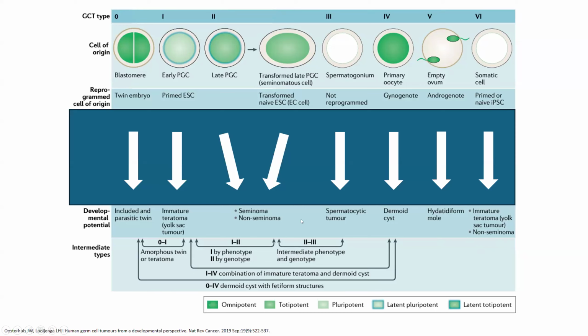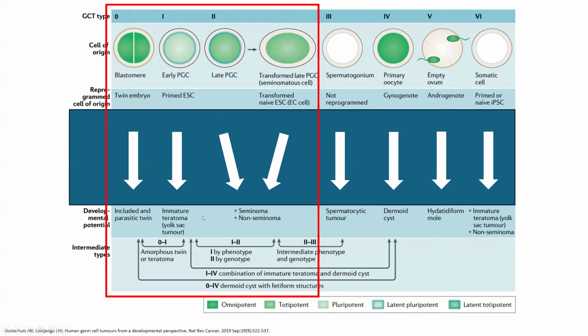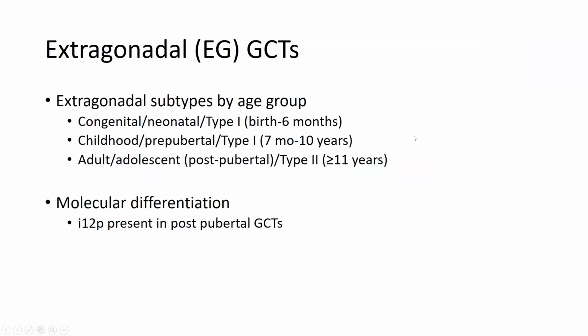And so just to give you an idea that essentially these germ cells become transformed, usually because they've lost their way, and then they eventually develop into one of these tumors. And so I'm going to really focus on this area of the graph and not these older age groups, obviously, because we are doing pediatric type extragonadal germ cell tumors.